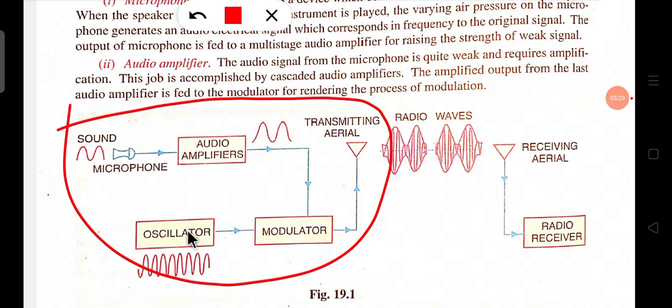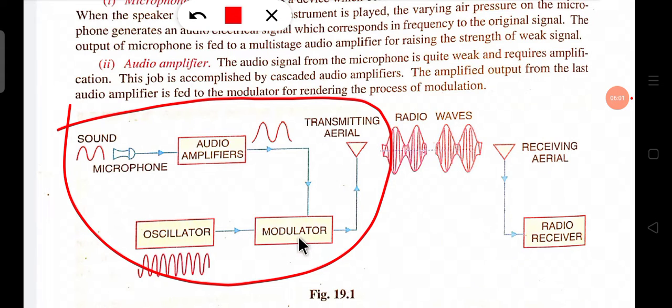That high frequency signal is used as a carrier in this communication signal. So in communication terms, the oscillator generates a carrier frequency, or modulating signal. Then that modulating signal and our message signal are mixed with each other in the modulator.